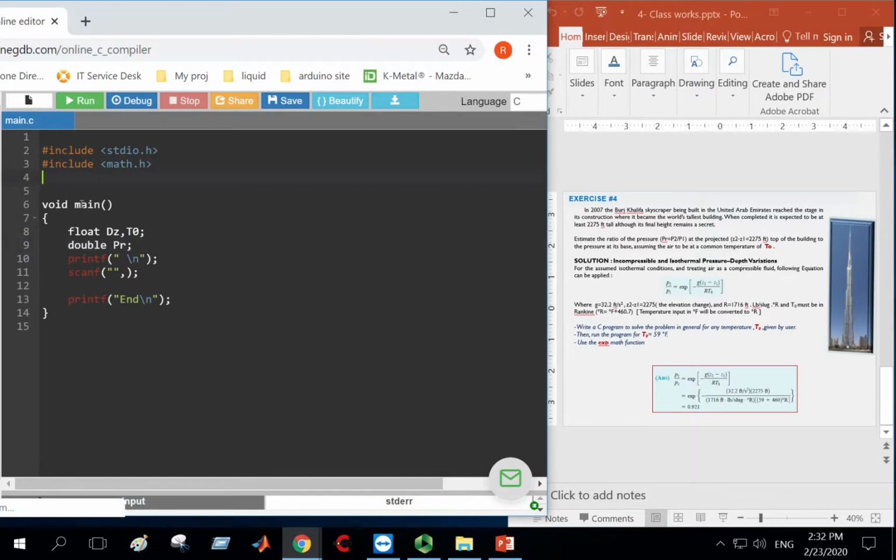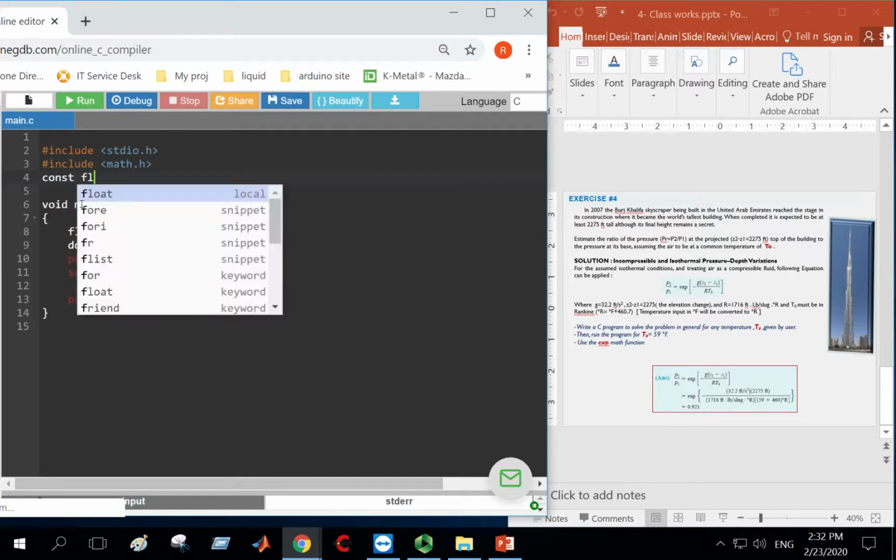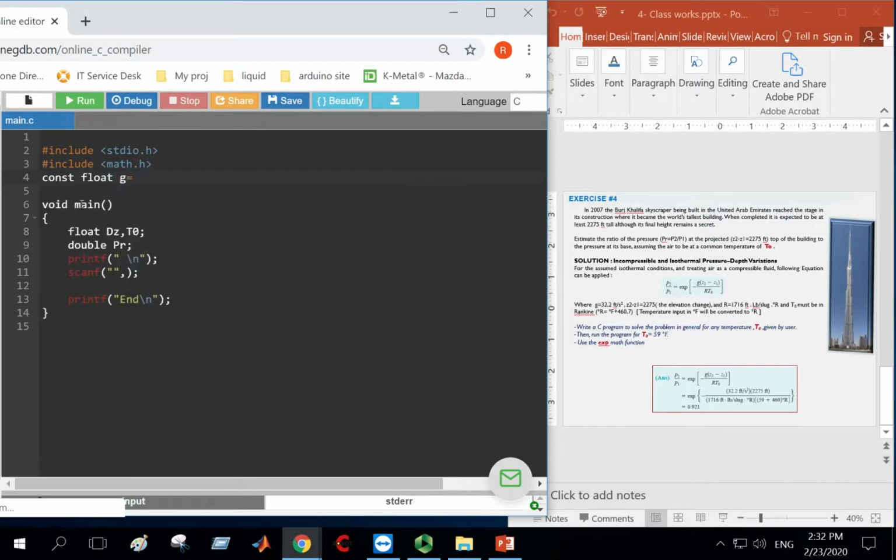Before the main, we have to declare a constant float G equal to the value in the unit of G written here. It's 32.2 feet per second square. Okay, and we can also declare the value of R as a constant.